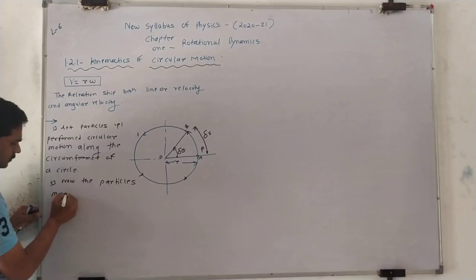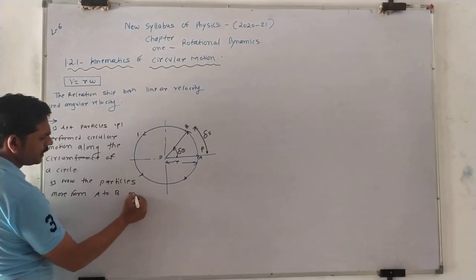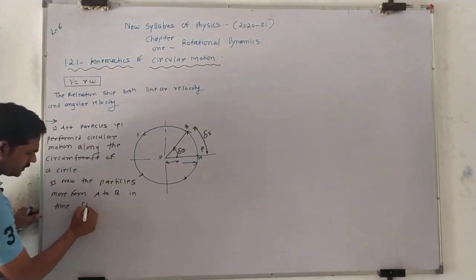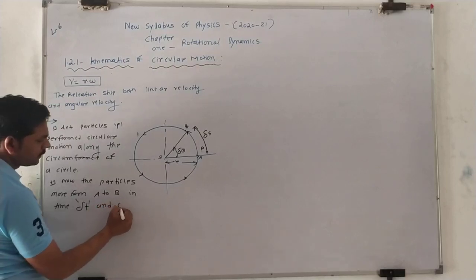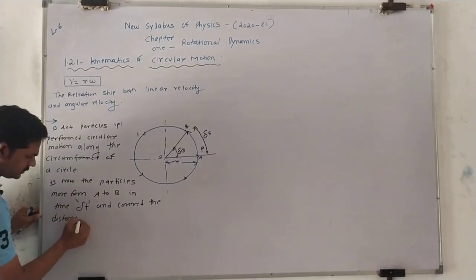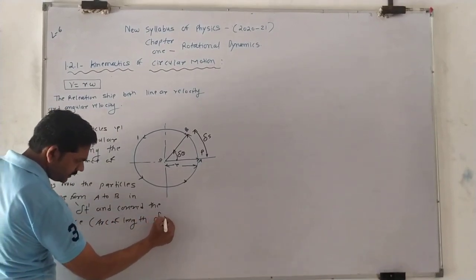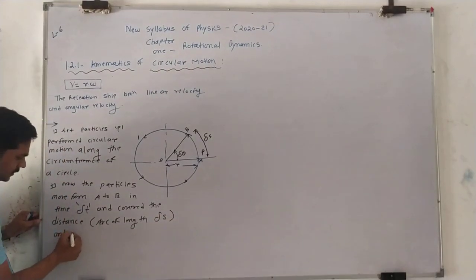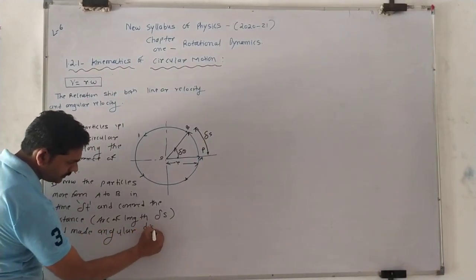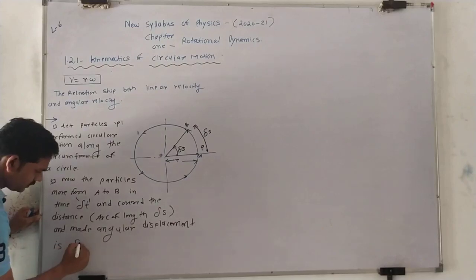Now the particle moves from A to B in time delta t and covers the distance, meaning the arc of length delta S, and makes angular displacement delta theta.